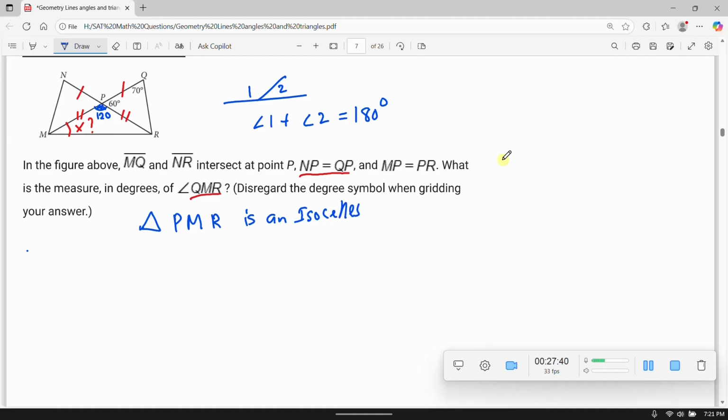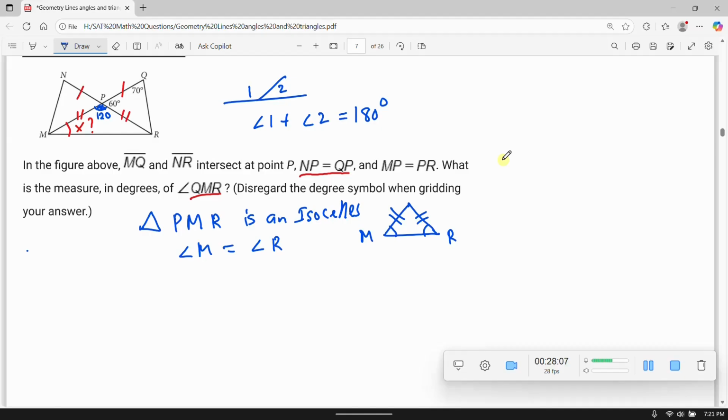It's an isosceles, meaning you have a triangle with two sides exactly the same, and two angles exactly the same. So in this case, you have angle P and angle R exactly the same. So angle M is congruent with angle R. And then the entire triangle's angles add up to 180.